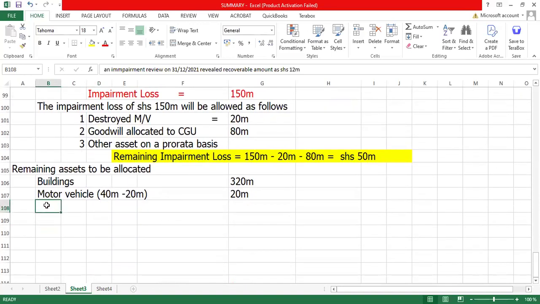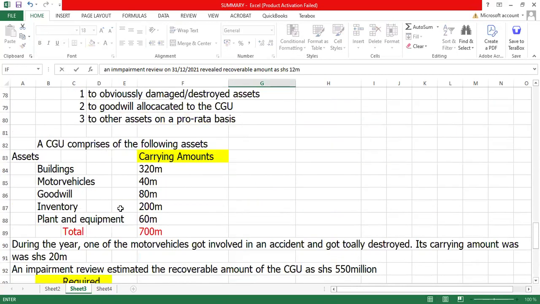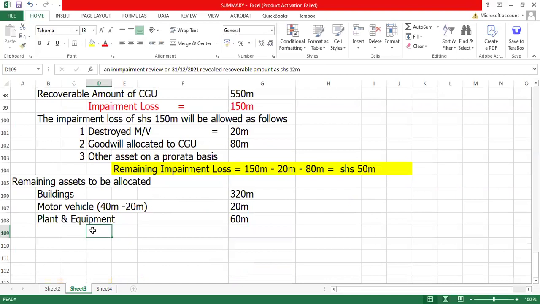So here you look at only the plant and equipment. And the plant and equipment, it's how much? 60. So if you add the total, what do you get?